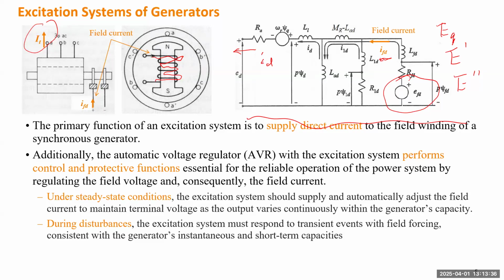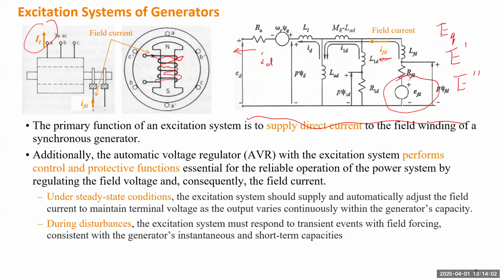But if the current becomes higher, for instance when there's some disturbance and you want to increase the field current, that will increase the heat generated in that circuit. If it operates over a long time, that can burn or damage the circuit. So any current needs to have some limit. That limit actually determines the controllability of the generator.